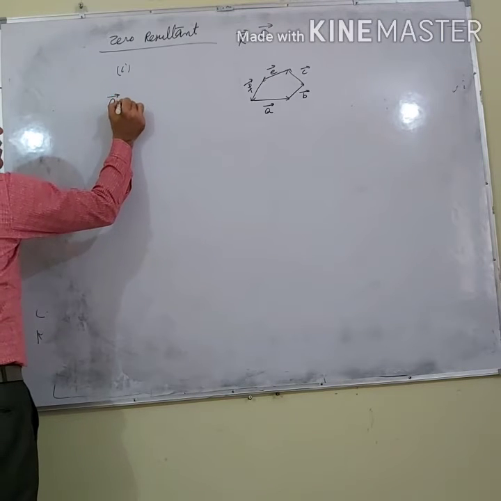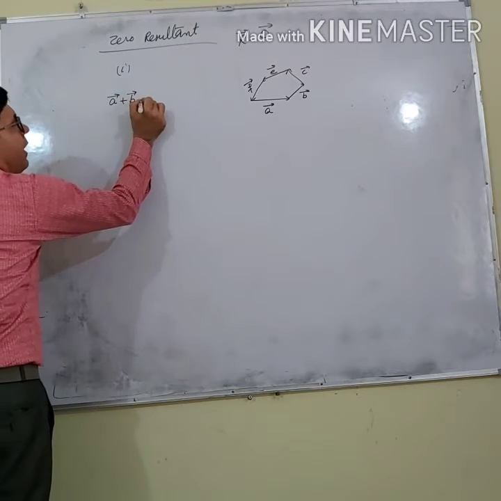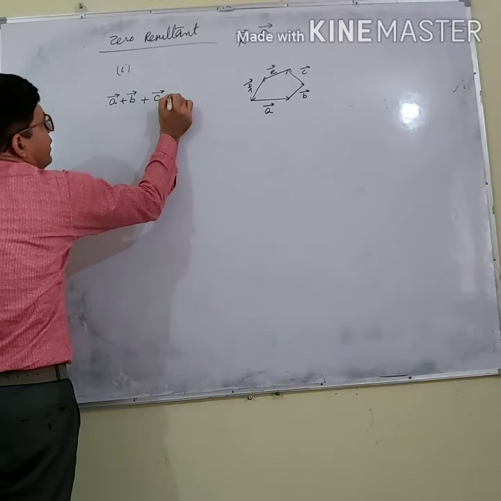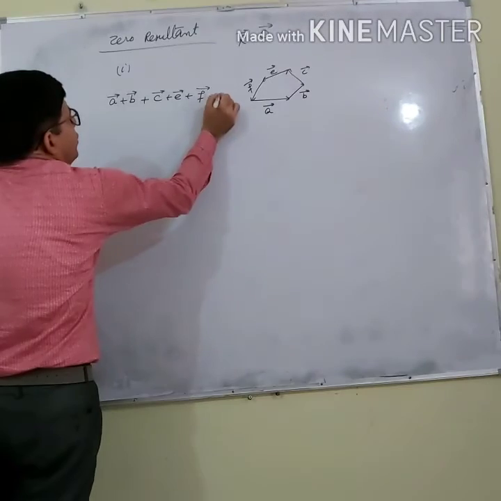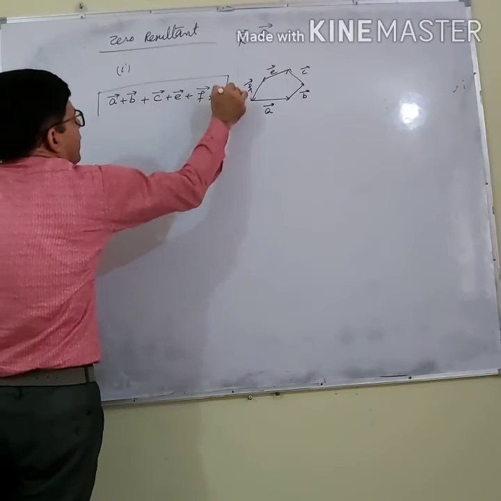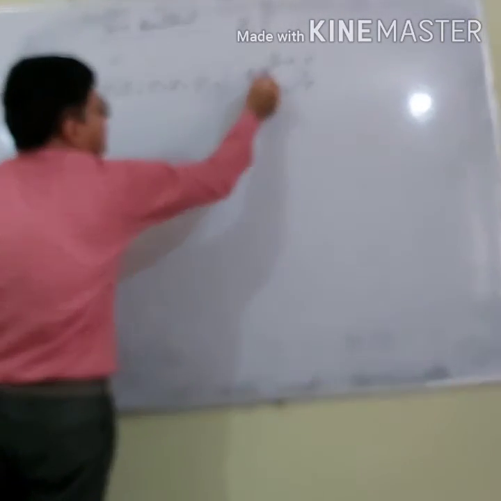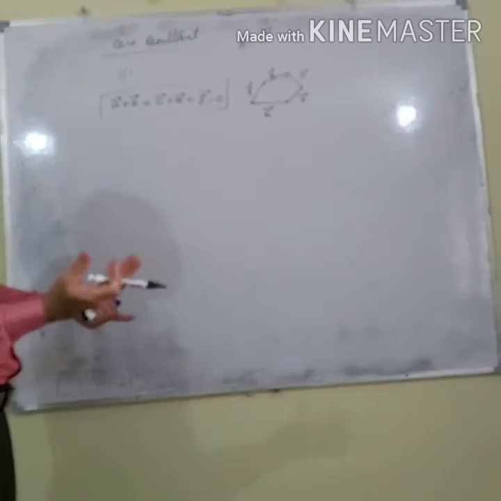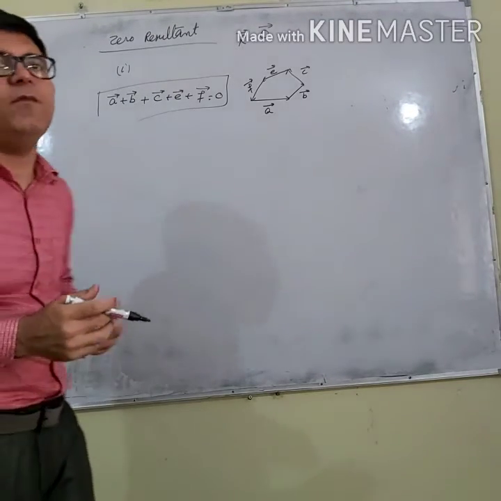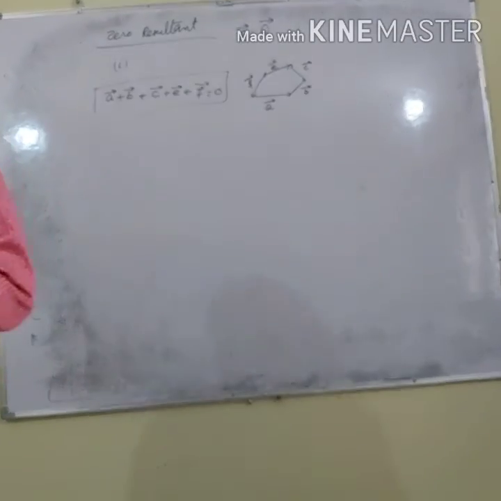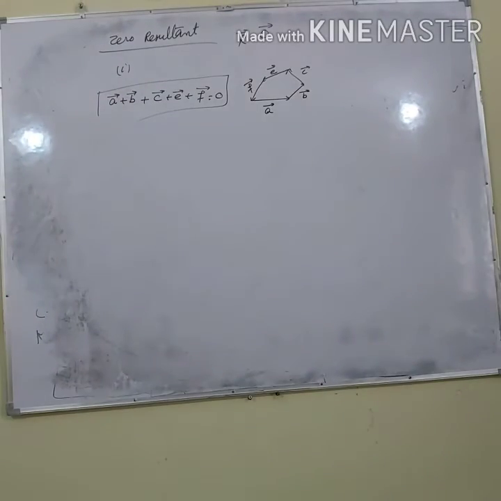So what can I say? The resultant is equal to 0, vector A plus B plus C plus D plus E plus F. So the first case is that the vectors are in the same order such that they form a polygon.